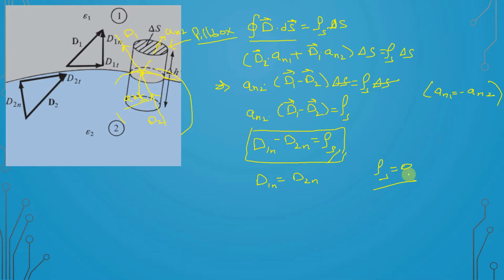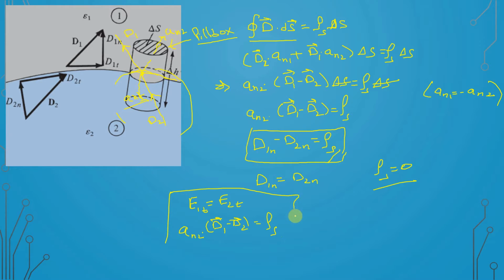So in short, we have found that this tangential component is continuous across the interface, and this normal component is discontinuous across the interface, and the discontinuity is given by the charge density.